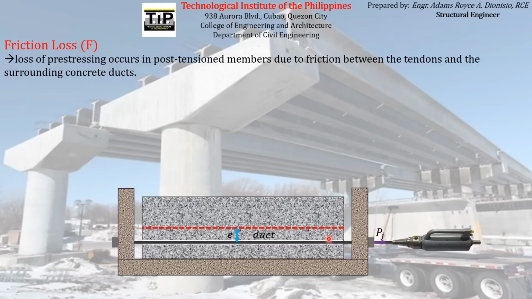On that particular stage of prestressing, the jacking stage, the prestressing reinforcement tends to elongate because of the jacking force being applied by the hydraulic jack. The tendency is that friction will develop between the prestressing reinforcement and the surrounding concrete ducts.